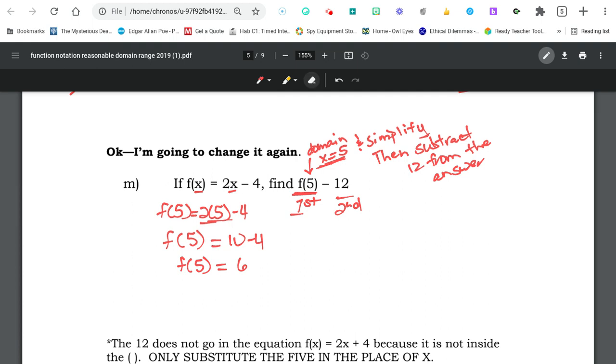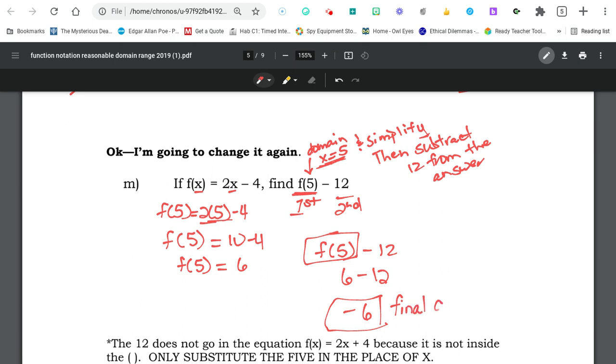So I'm going to rewrite this. f of 5 ended up being 6. So now it's just 6 minus 12. So my final answer is negative 6, because I have to take 12 away from my answer for f of 5.